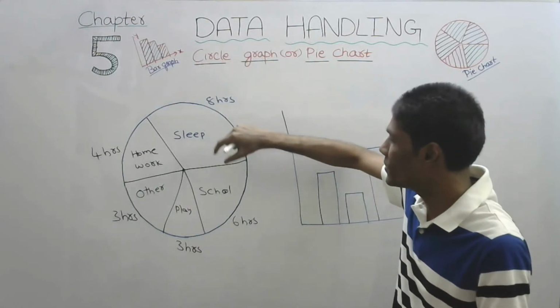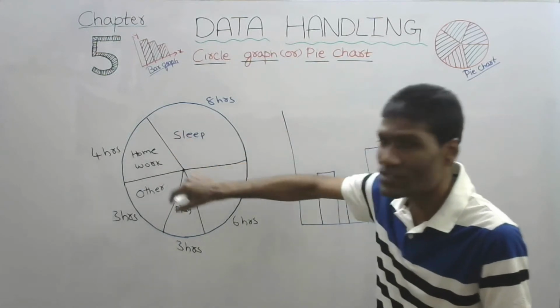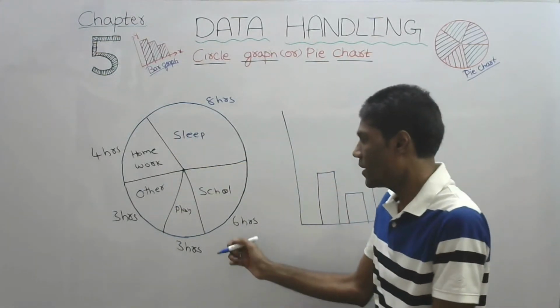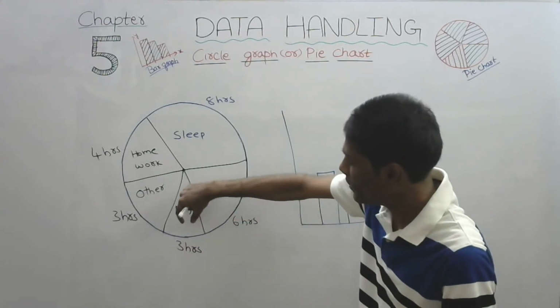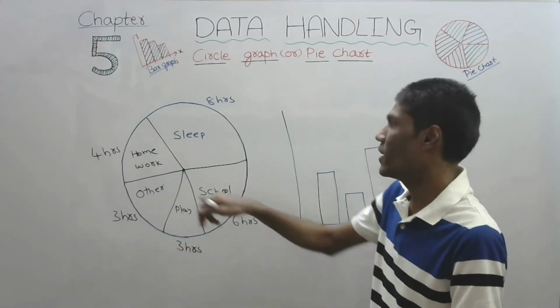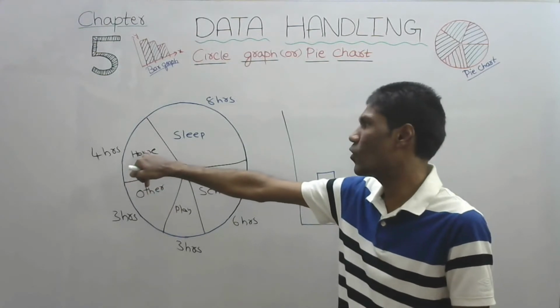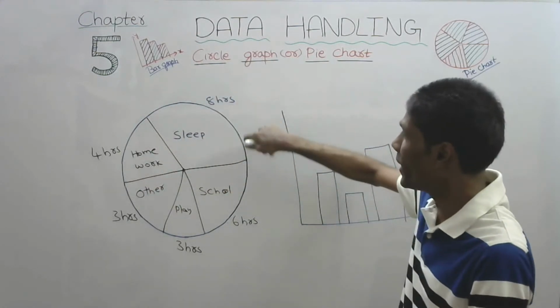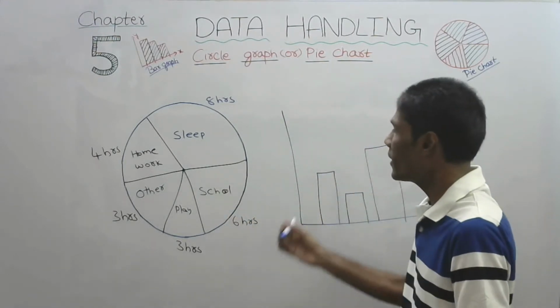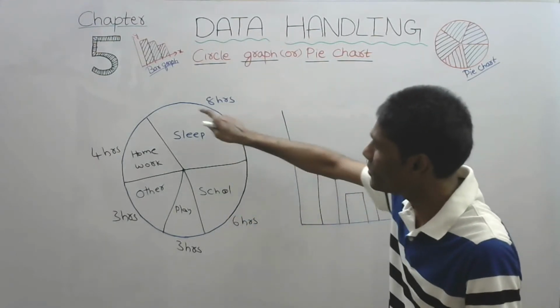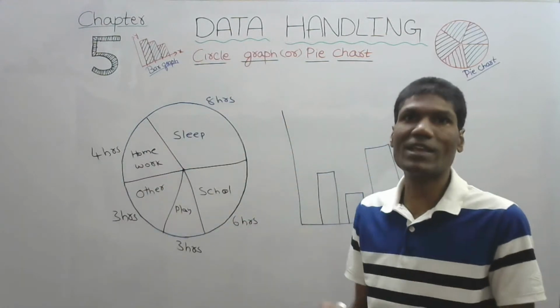The whole circle is divided into different sectors, and if we have only 3 hours, a smaller part, then we take a smaller sector. If it is a little more, 4 hours. If it is more, 8 hours, a bigger sector. Like that, we are keeping the information in the form of a circle.